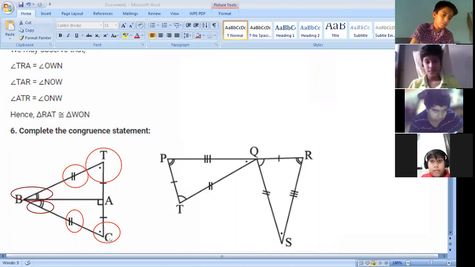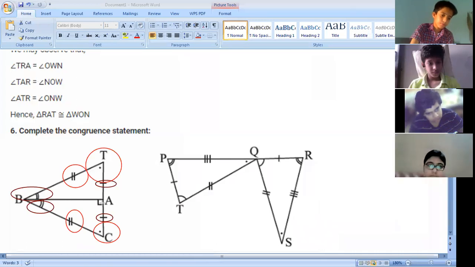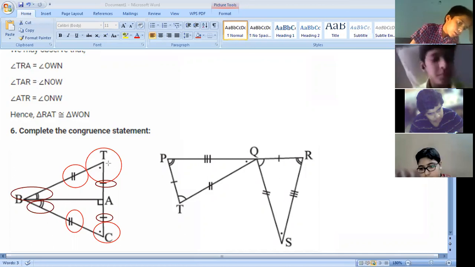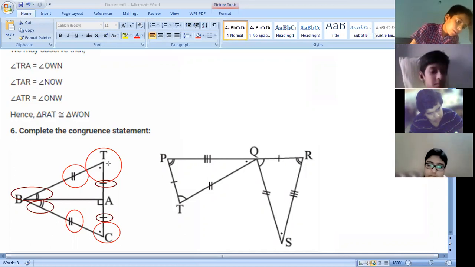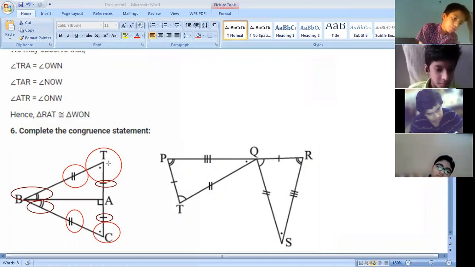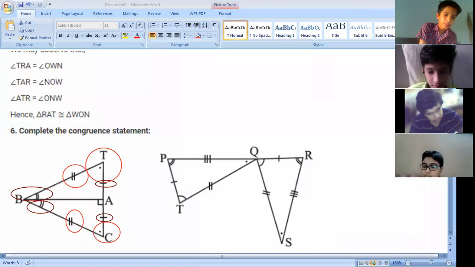Clear, Sharvil? And this sign you can see here, these two signs. Which side is equal to which side? Yes, Dhavani, you're right. TA will be equivalent to AC.